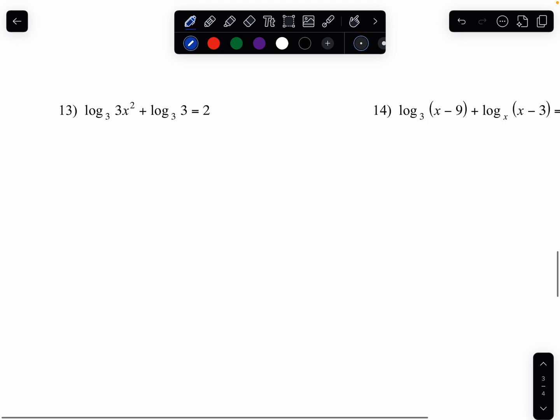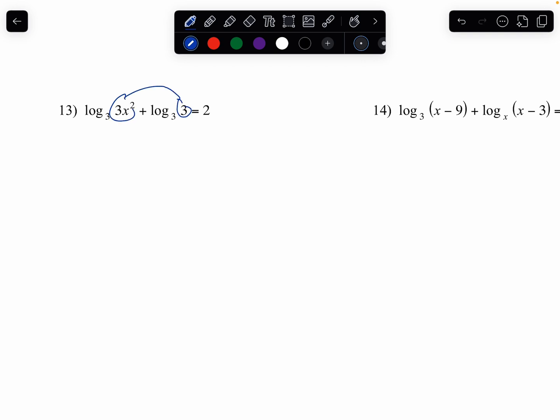So for 13, again we have 2 logarithms, base 3, so I'm just going to end up multiplying these two together. So log base 3 of 9x squared equal to 2. I'm going to exponentiate with a base of 3. So I'll get 9x squared is equal to 3 squared, which would be 9.